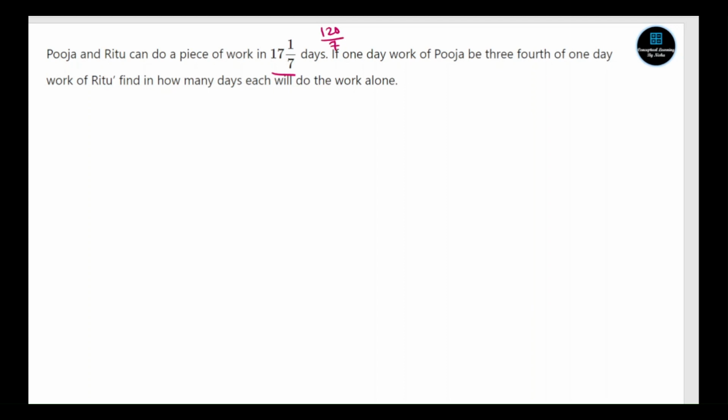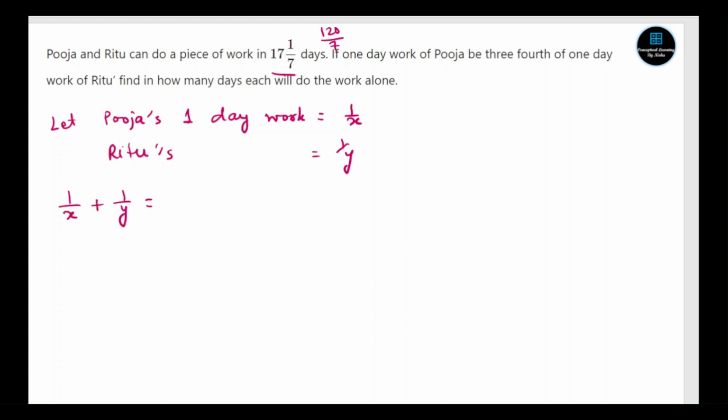Now let Pooja's 1 day work equal 1 over x, and same way Ritu's equals 1 upon y. Complete this statement. Now 1 over x plus 1 over y equals, you have to take the reciprocal of that, so 7 over 120.